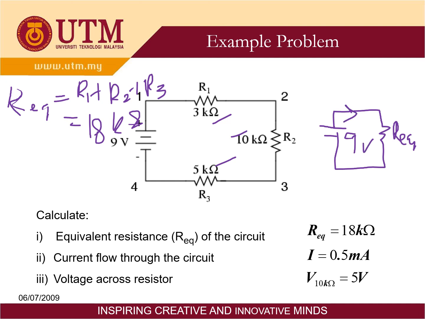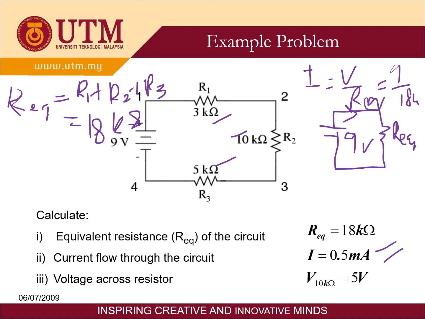So find the current. This is just a simple equation, Ohm's law. I equals V over Req, which is 9 divided by 18k. This means around 0.5 milliampere.